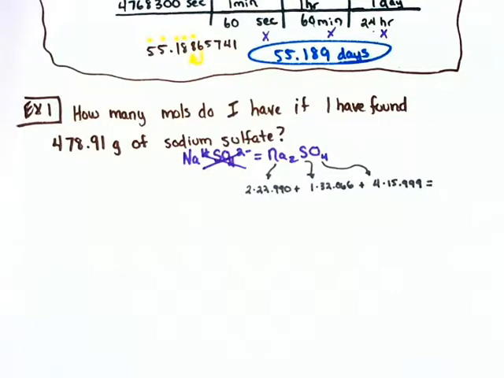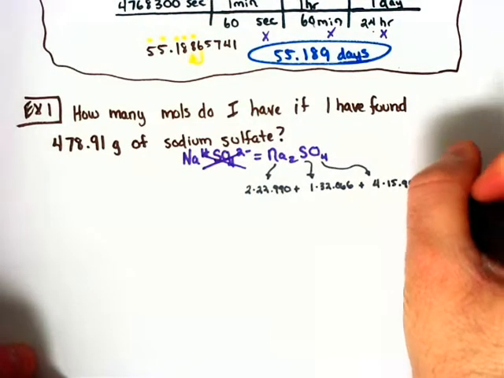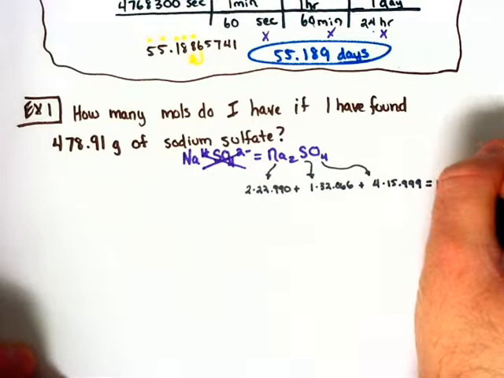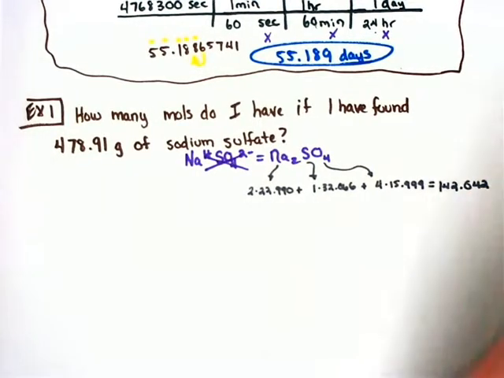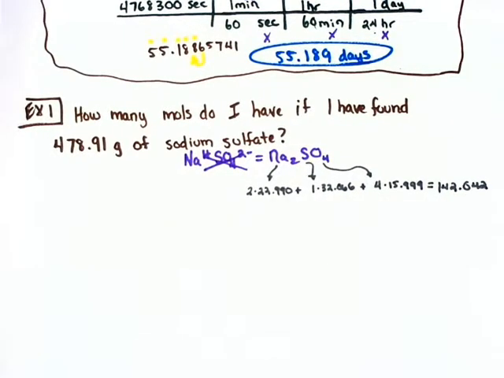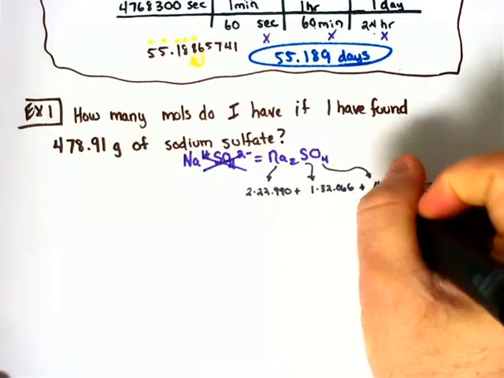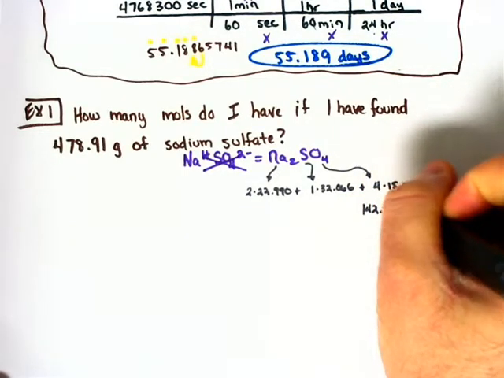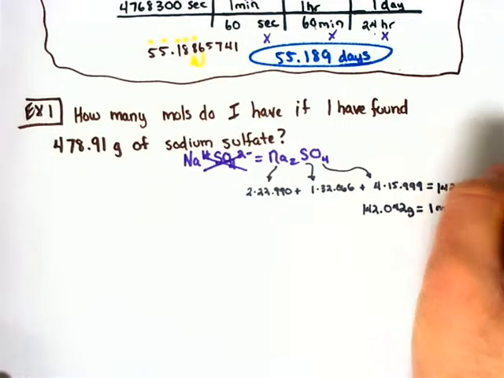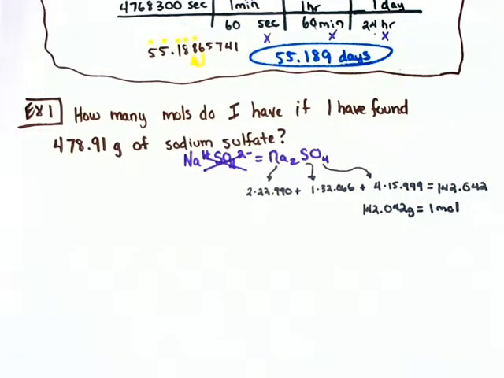Did we get something like 142? That's what you got? About 142? Now this is the number of grams in 1 mole, right? That's the molar mass of it. So this number right there, 142.042, is the number of grams in 1 mole. So I think we'll be able to use that to our advantage.